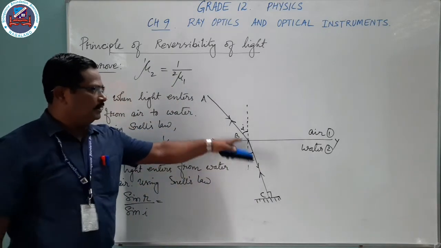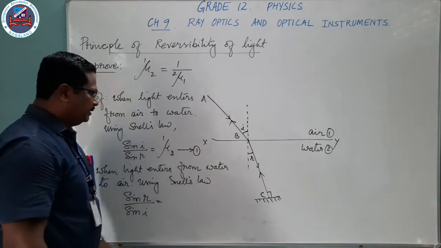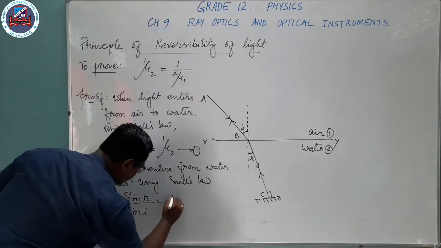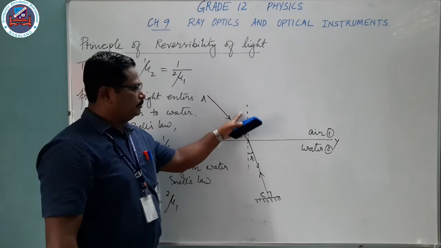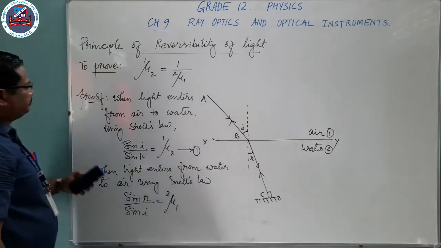Sin r by sin i gives the refractive index of the first medium with respect to the second.